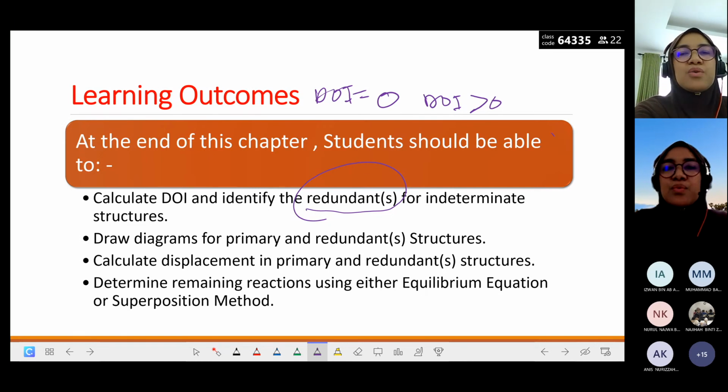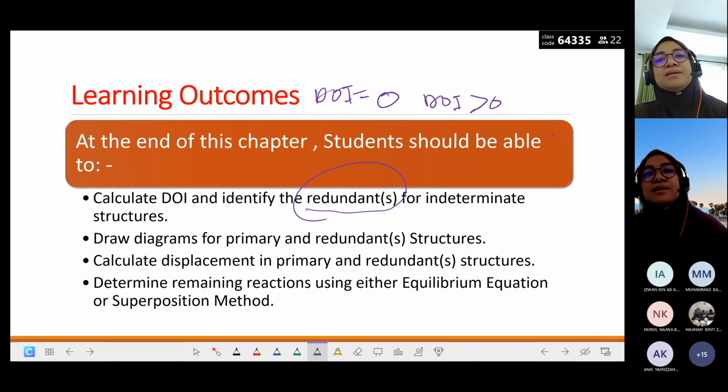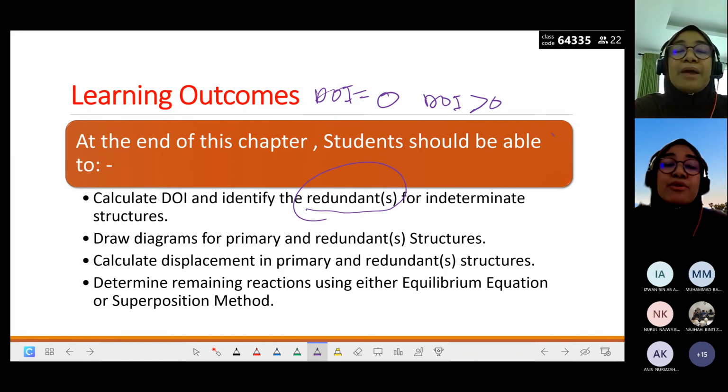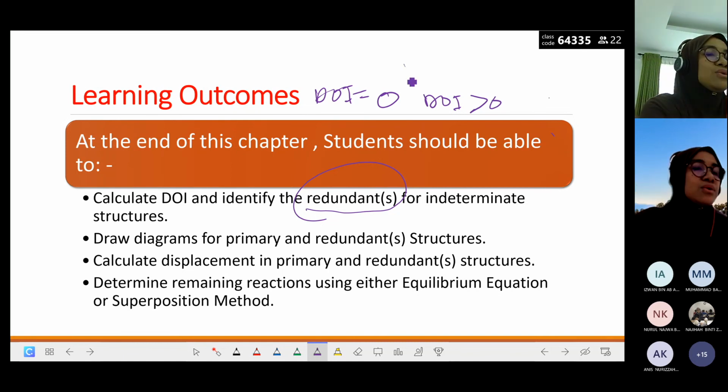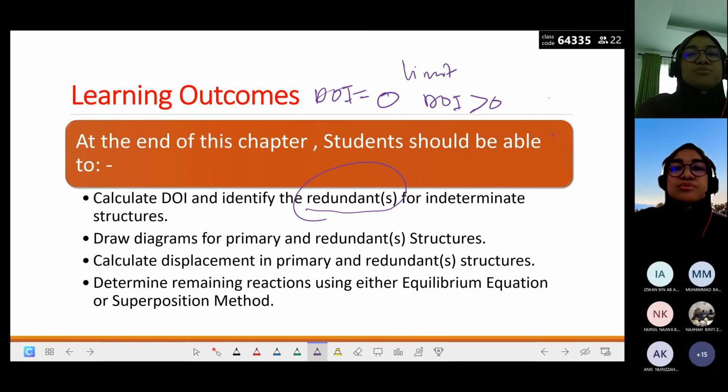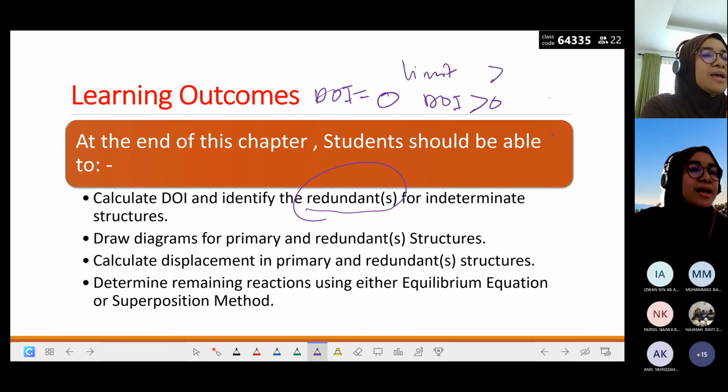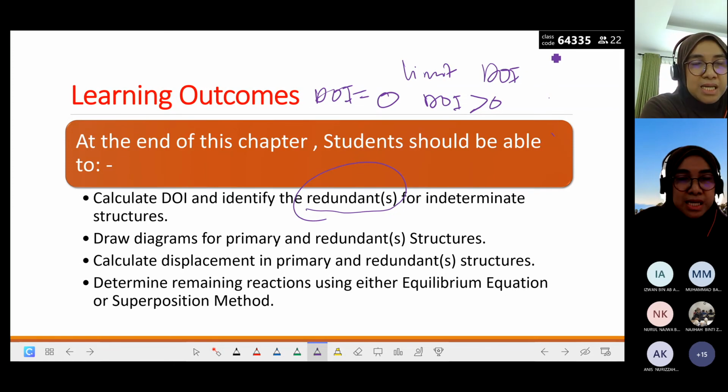For flexibility method, we need to limit up to 3 degree of indeterminacy, because whenever the degree of indeterminacy is more than 3, we cannot calculate the redundant value using manual calculation. So there is a limit that you need to know: DOI limited to 3.